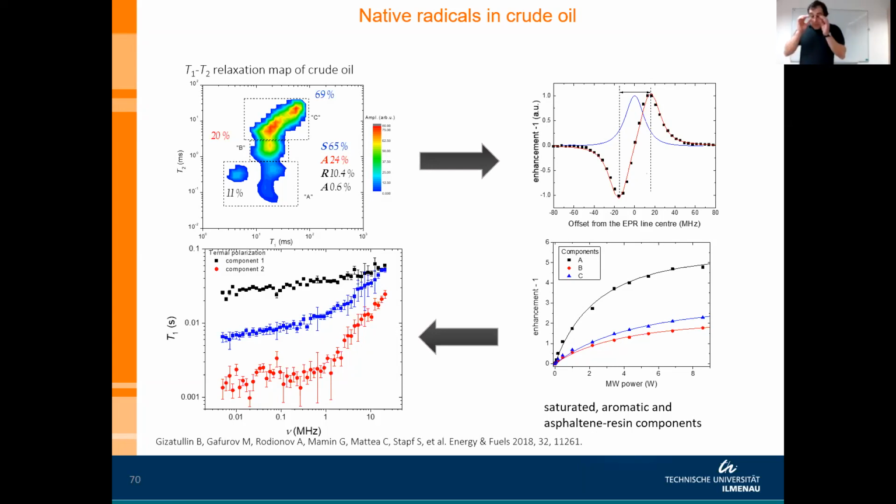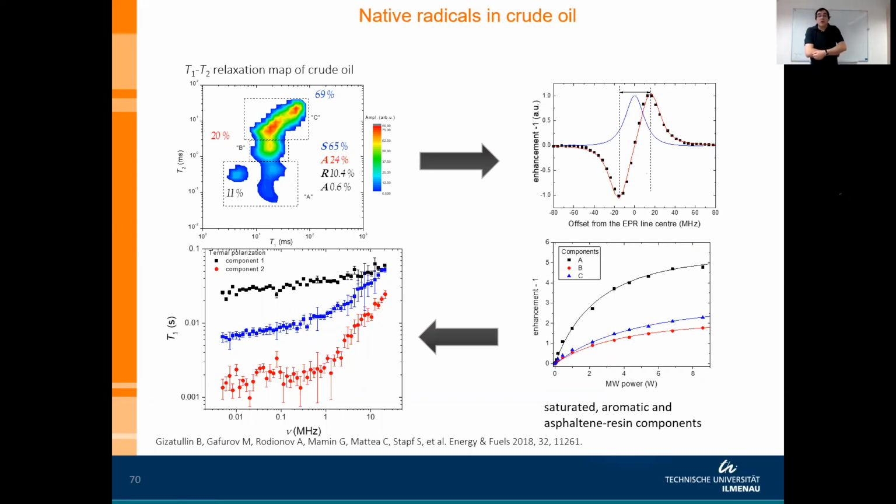We can do the T2, T1 experiment here, and then we can distinguish three components, and these three components can be basically associated to the asphaltene or resin part of this complex system that is oil, or the saturated part, which is also more mobile, right? And it can also be the rest of the part, which can be aromatics. And then these are the three parts that we can distinguish here.